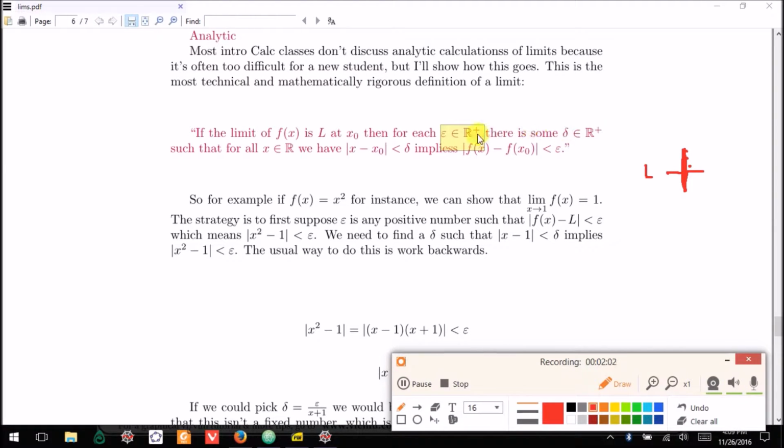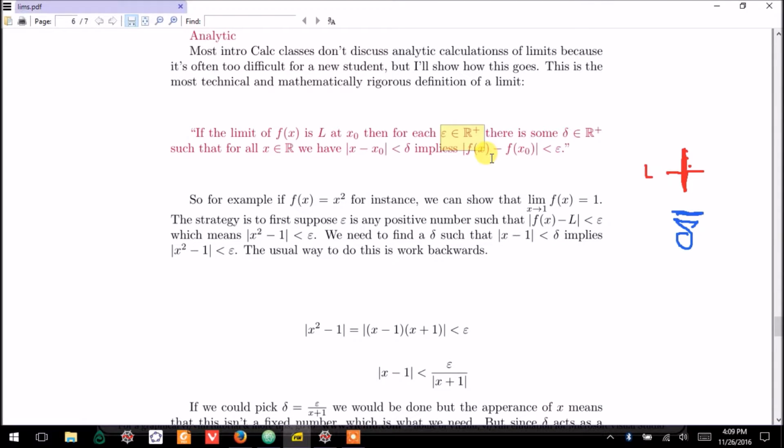And then for each epsilon, for each error bound that you put on the limiting value, there is some corresponding error bound on the x-axis, such that if your error bounds on the x-axis are small enough, then you will keep the function within these error bounds on the y-axis. So epsilon and delta are two things that I regard as error bounds.